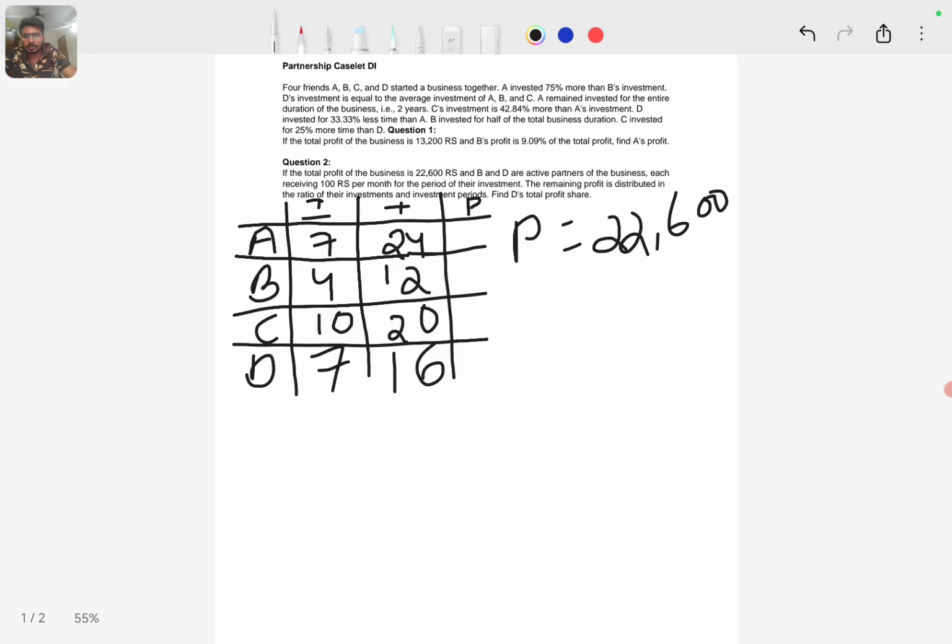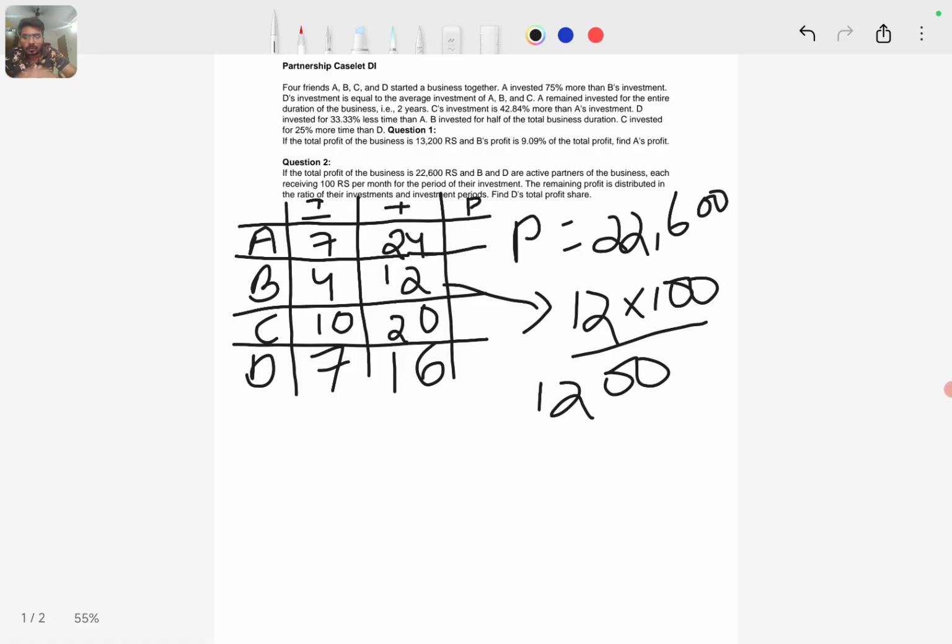B is invested for 12 months. 12 into 100, so B will get an additional amount of 1200 rupees. And D is also an active partner. D invested for 16 months. 16 into 100, both getting 100 rupees per month, means 1600.